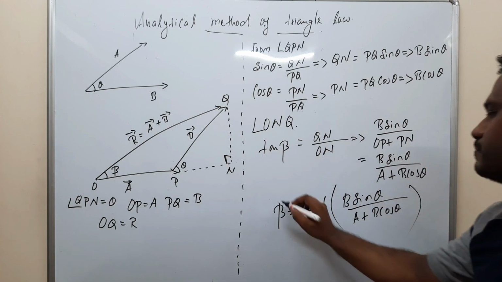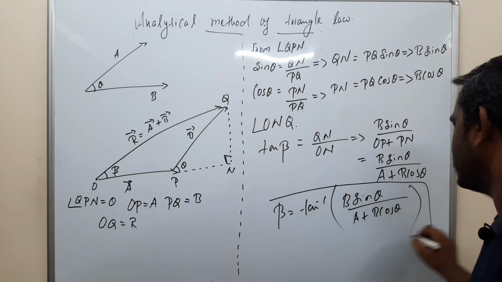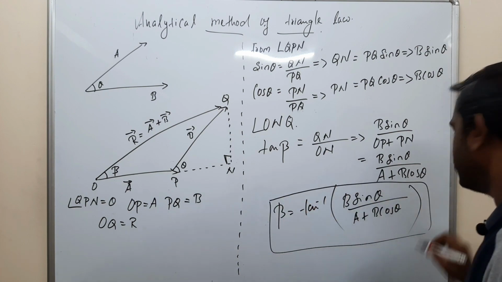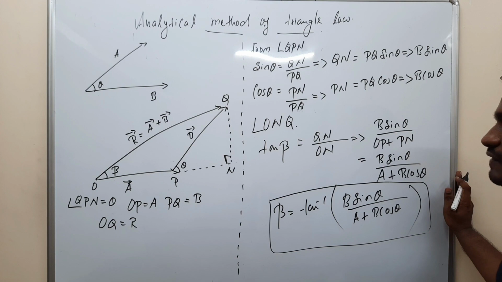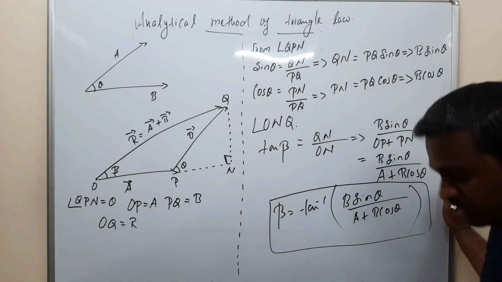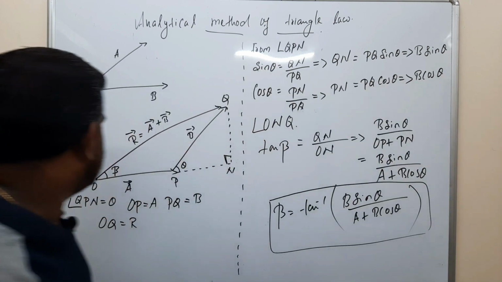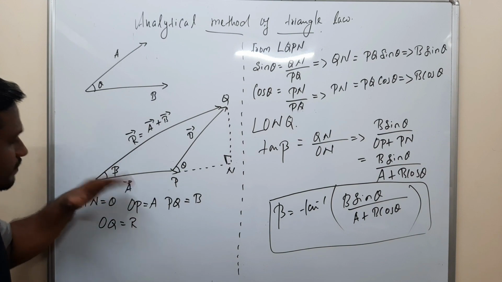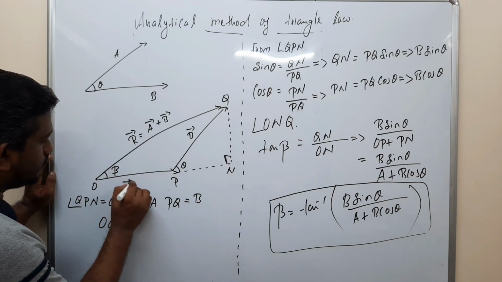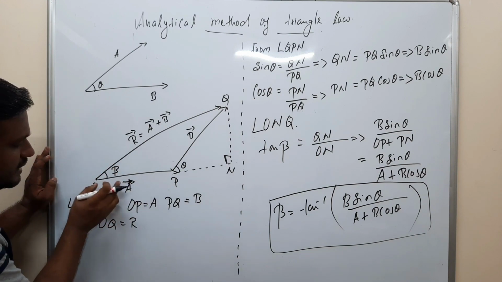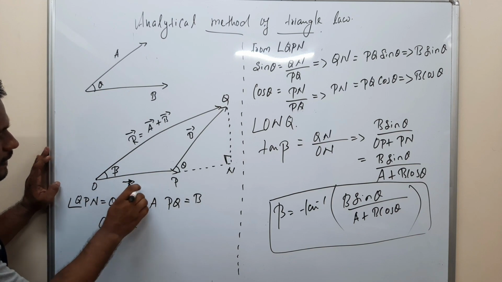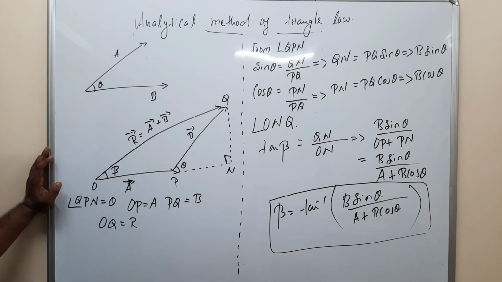This gives the direction of the resultant vector, in the sense the direction of the resultant from a vector. Beta is the angle of the resultant from this vector a.